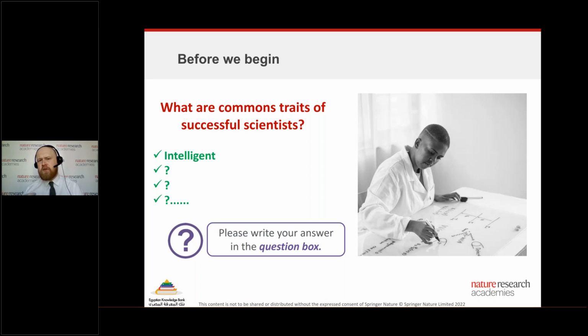Now, what kind of common traits do successful scientists have? Start to think of some adjectives to describe them. I've started this list for you: intelligent. But what other common traits are there? Please write your answer in the question box.